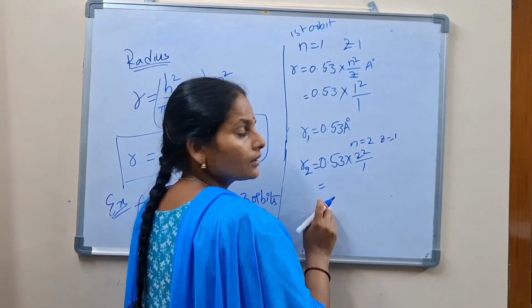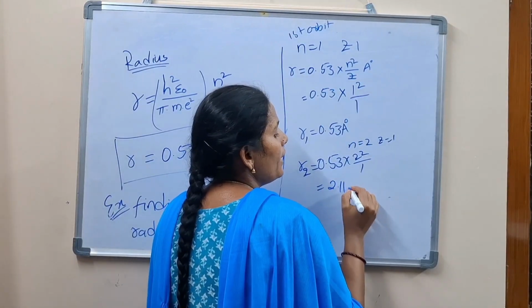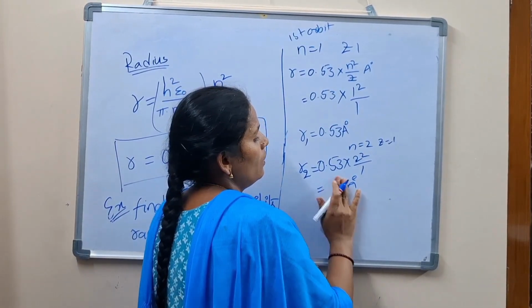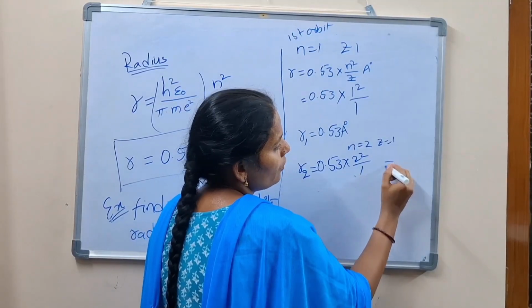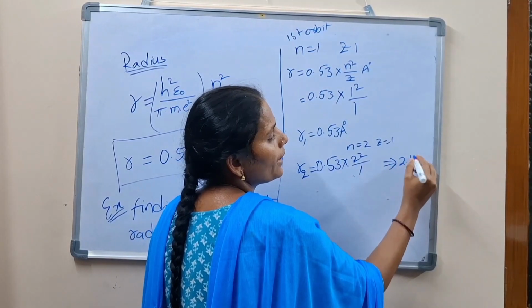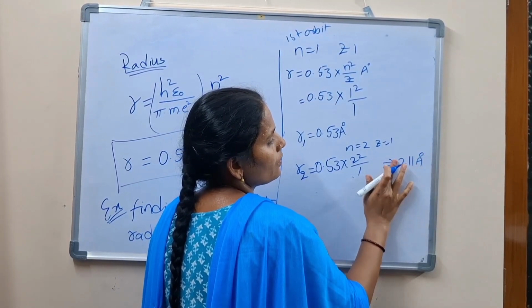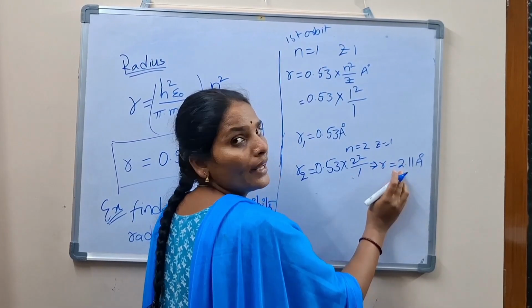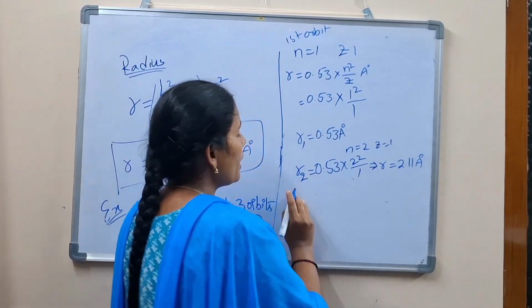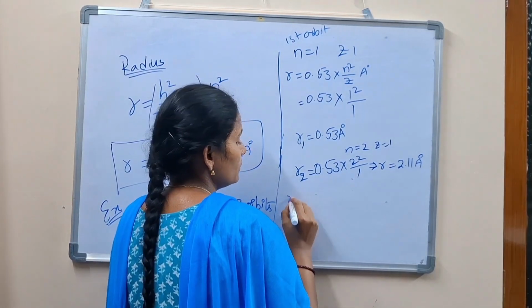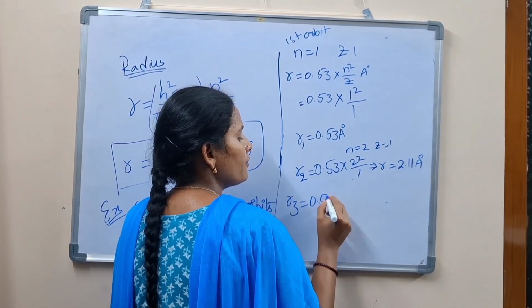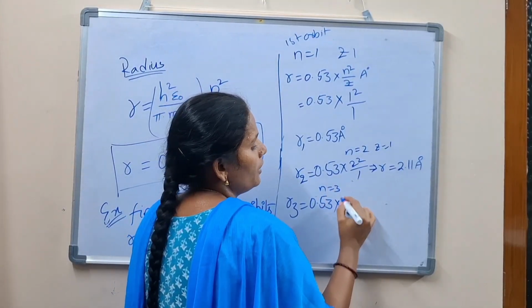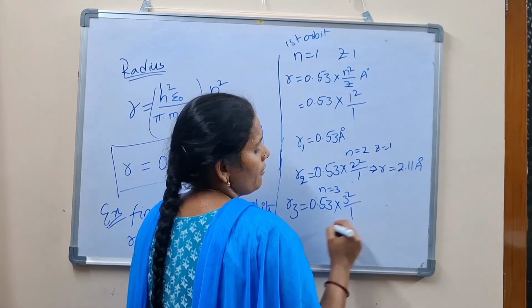Then we get 2.11 angstroms. For third orbit, R3 equals 0.53 into, for third orbit n equal to 3, 3 square by 1.